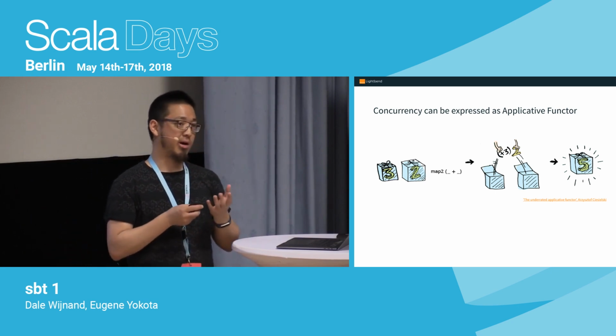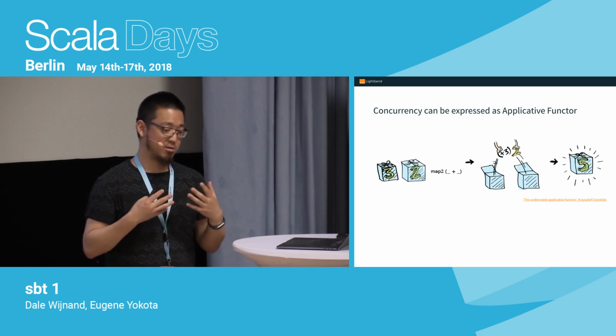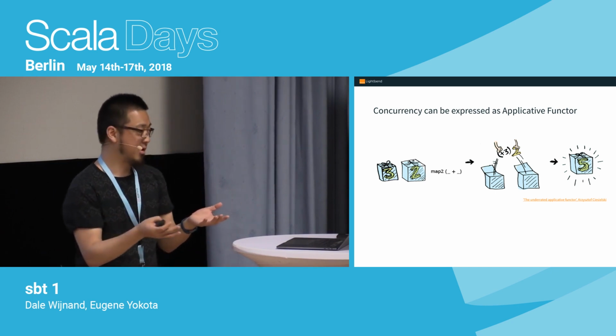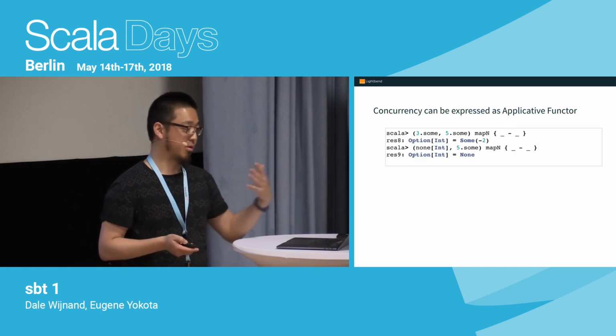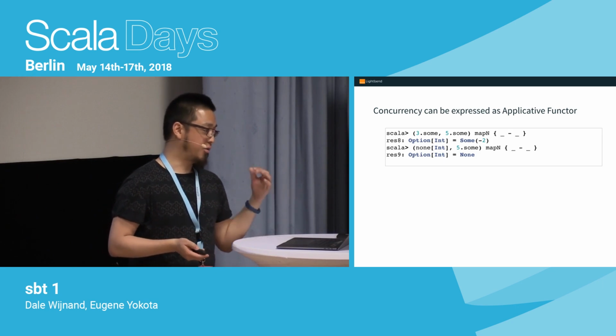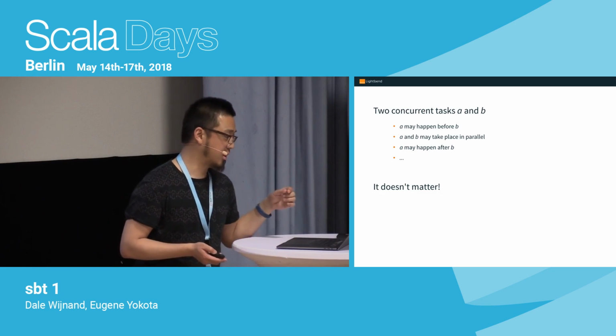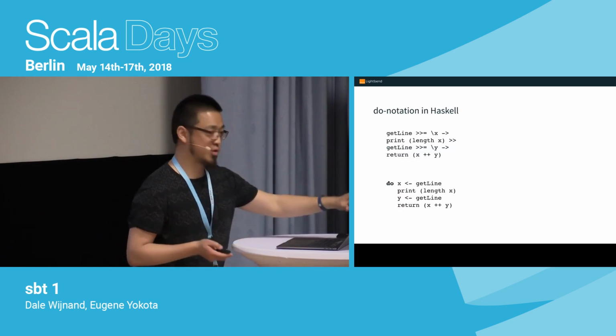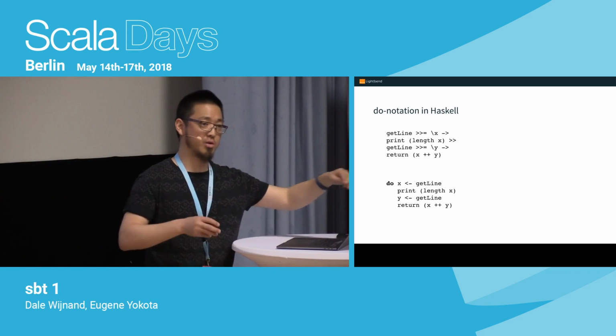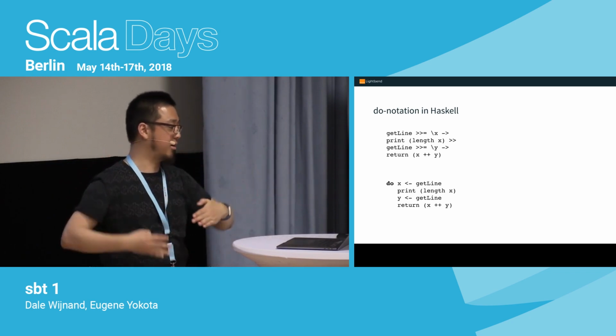So in a way, the task or the settings graph is essentially using the applicative functor. And if you think about this, essentially SBT... there's a do notation in Haskell that encodes a flat mapping, like a monad thing.